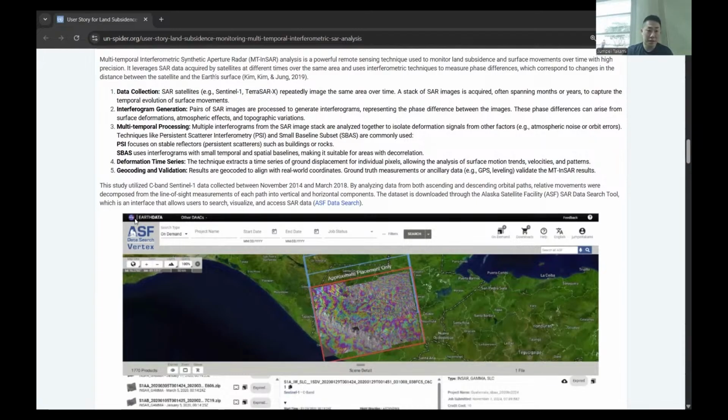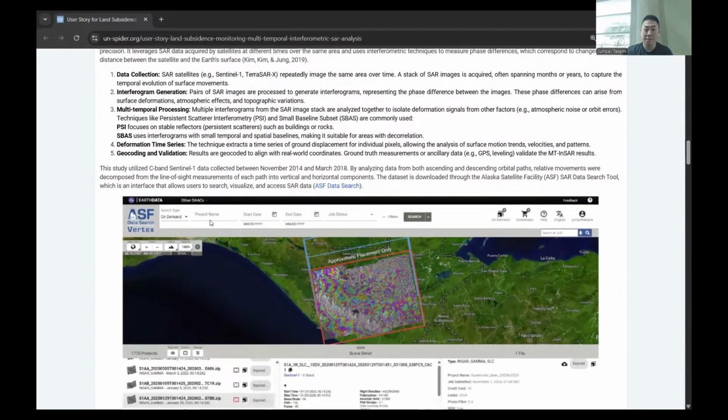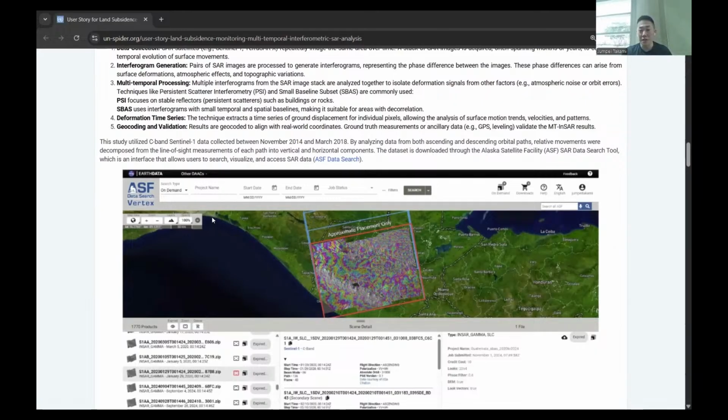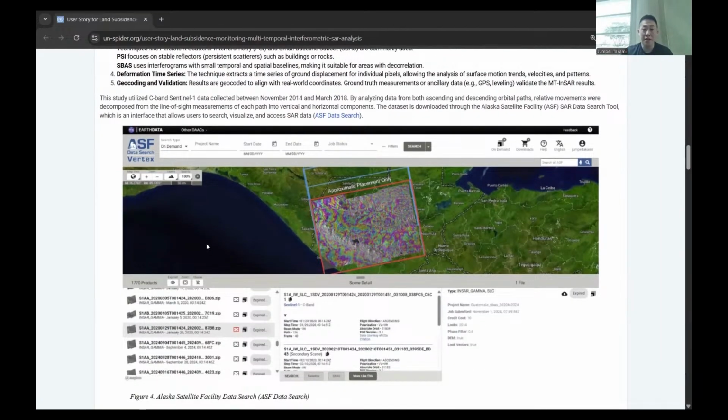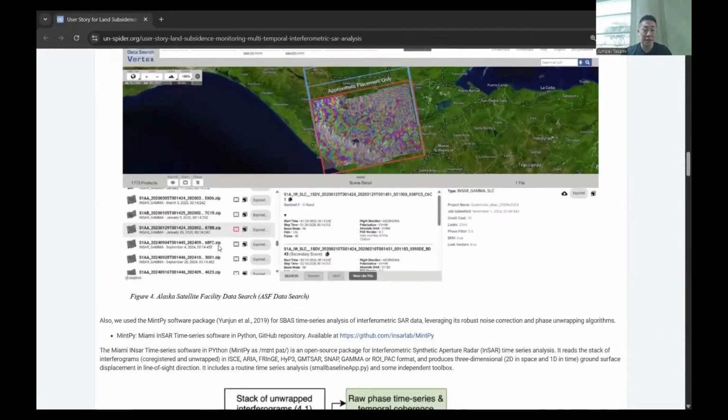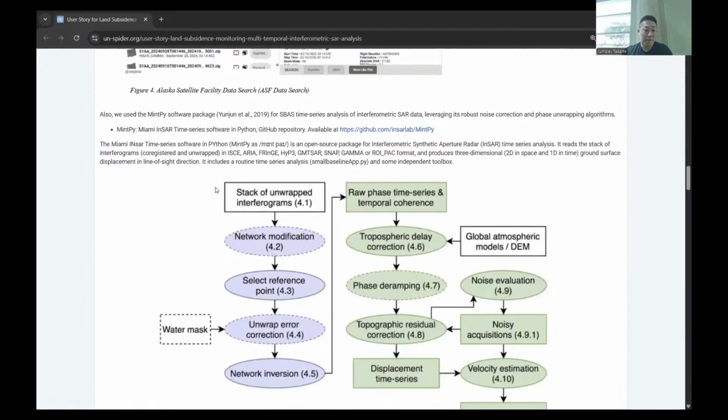This is also the Alaska Satellite Facility data search website, where you can download data that is open and free. In this case, I downloaded Sentinel-1 data, and as I said, we use the MintPy software package. You can click on GitHub and MintPy, and of course you can use it.